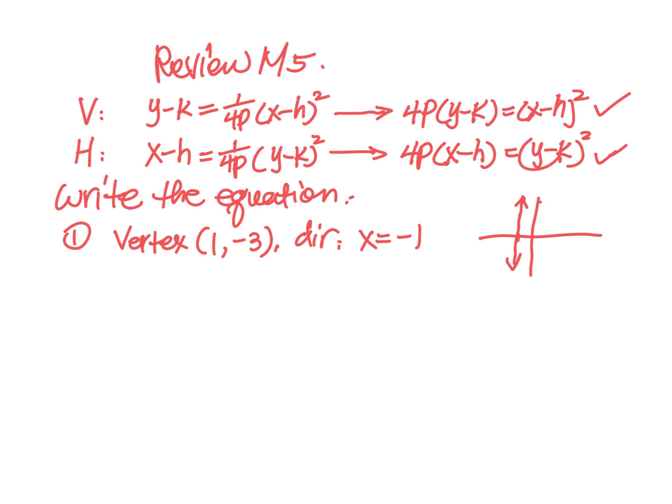Let's find the vertex, 1, negative 3: 1, 2, 3 right here. By doing that, I know the parabola opens to the right, so I'm using the horizontal formula.